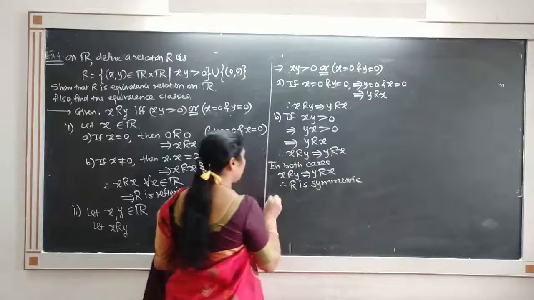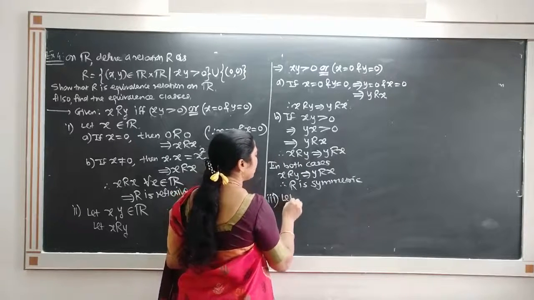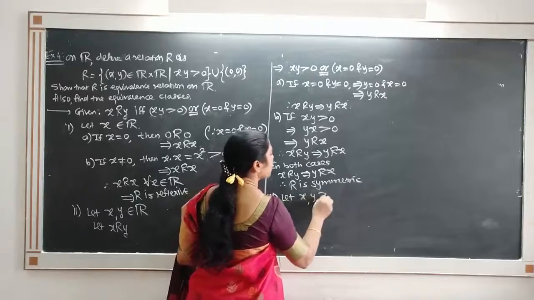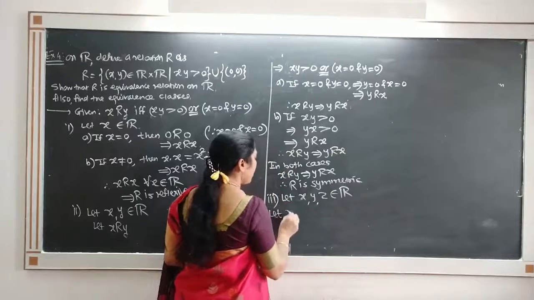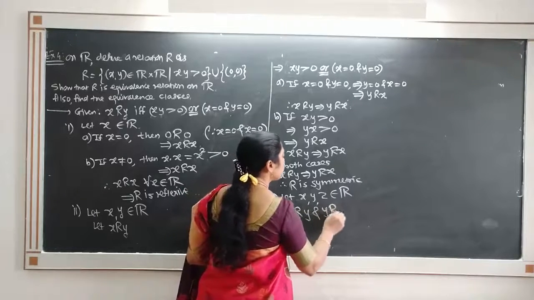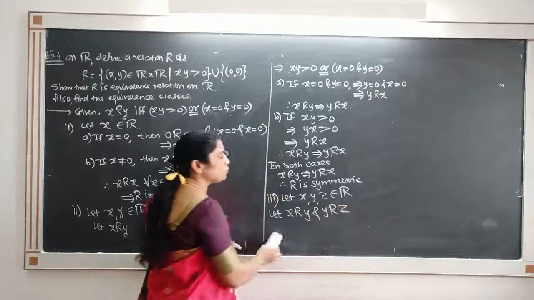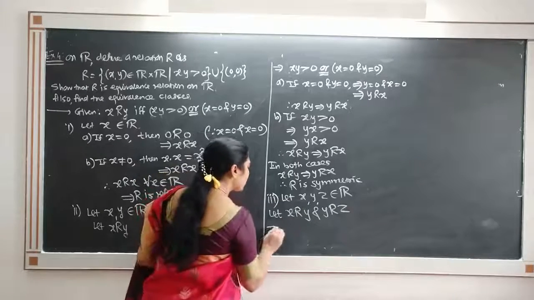Now check the third one, whether R is transitive. So start with three elements x, y and z in real numbers and let us assume that x is related with y and y is also related with z. We want to check whether x is related with z. Now x is related to y.